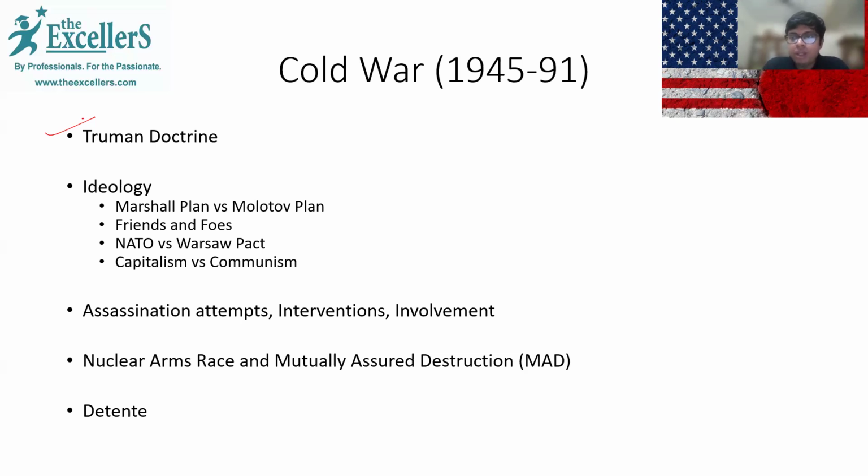Why? Because USSR was trying to influence communist parties across the world, even propping up communist parties and helping them with funds and moral support so that more countries would join the Soviet bloc, the USSR.